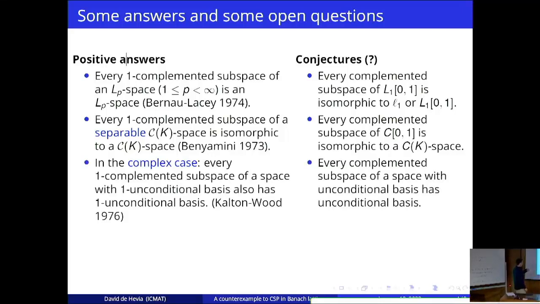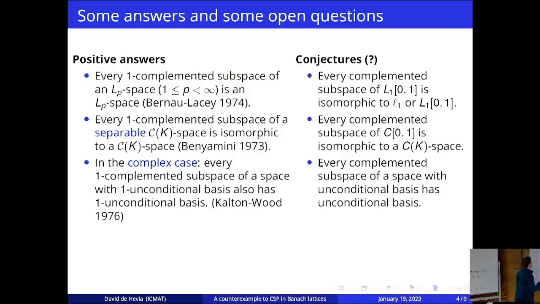And another important positive result, true only in the complex case, is that every one complementary subspace of a space with an unconditional basis also has an unconditional basis. This is due to Carlton and Wood. In the real case, this is false.